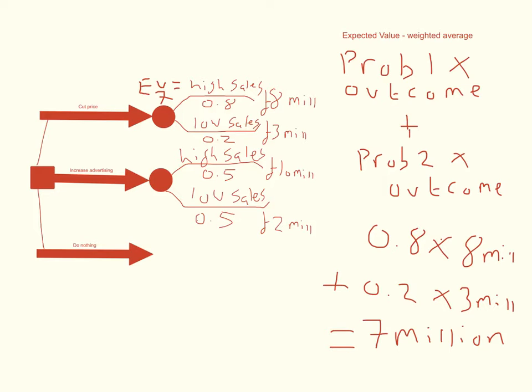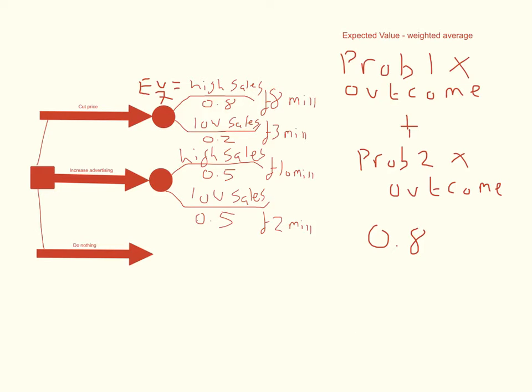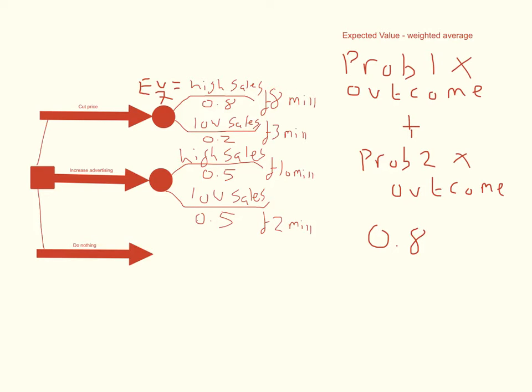So we can clear this bit here, and then we can start again. So it's the same formula. So it's probability of 1, 0.5, times the outcome of 1, which is 10, plus the probability of 2, which is 0.5, times the outcome, which is 2.